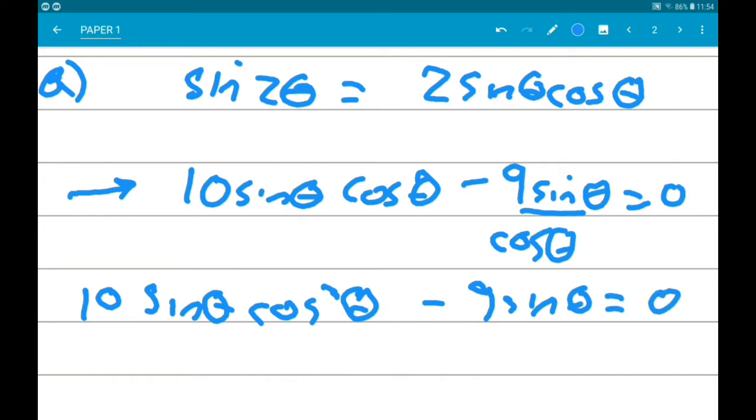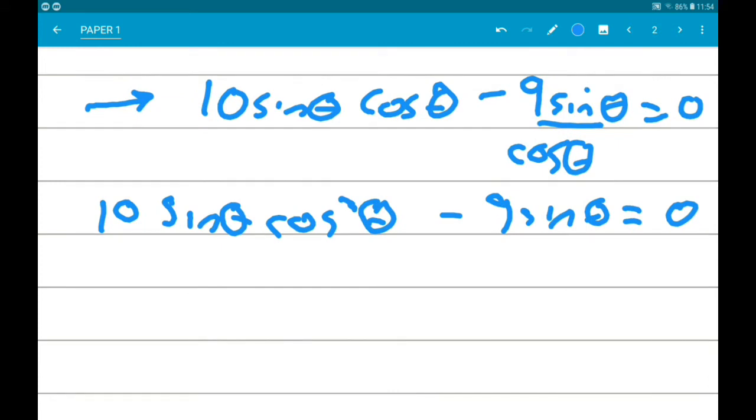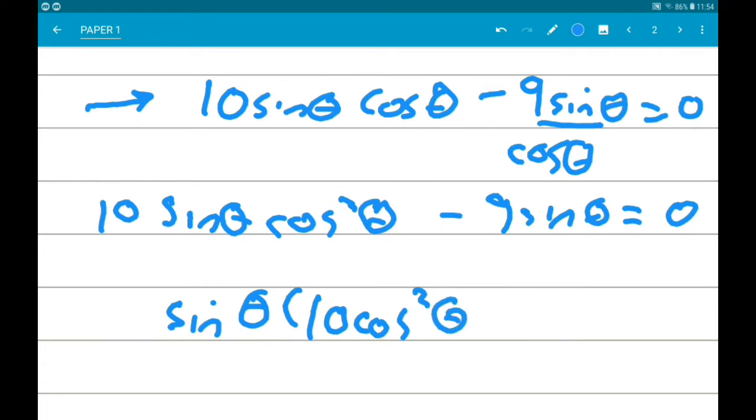Okay, now don't divide through by sine, factorise. So we have sine theta times (10 cos squared theta minus 9) is equal to 0.